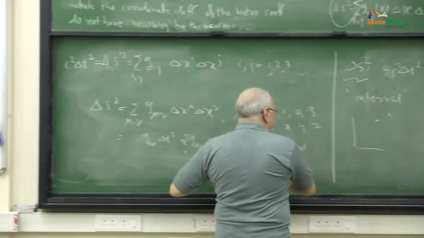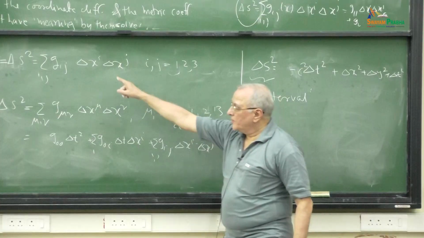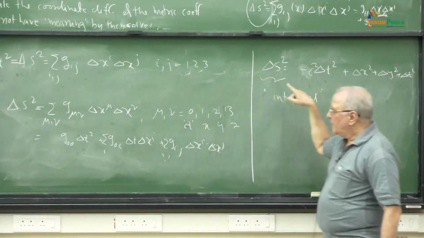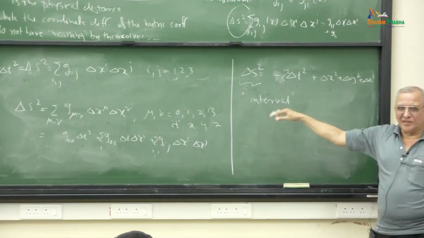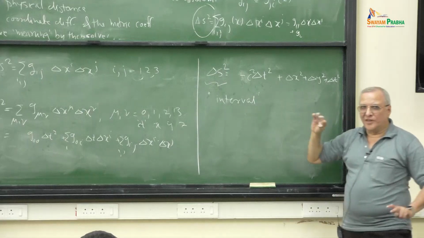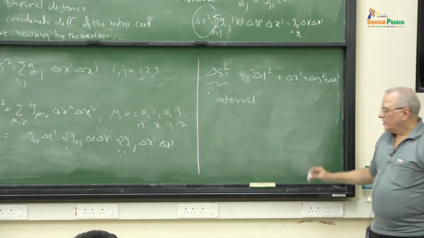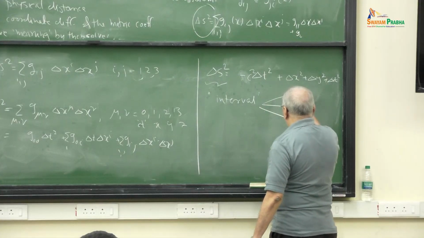The point here is that I generalize the notion of these distances to this interval now. I may still call it distance, but please understand that when I write this mu nu expression or this expression, it really corresponds to interval. The distinguishing property of this is that it is positive, negative or 0.